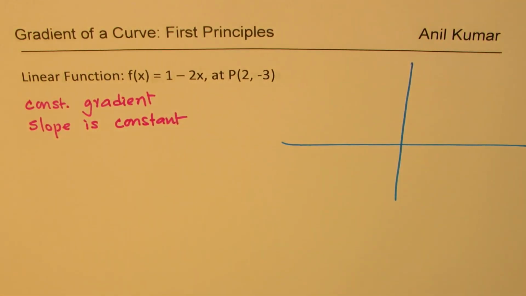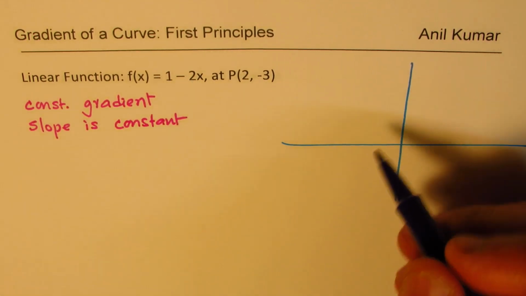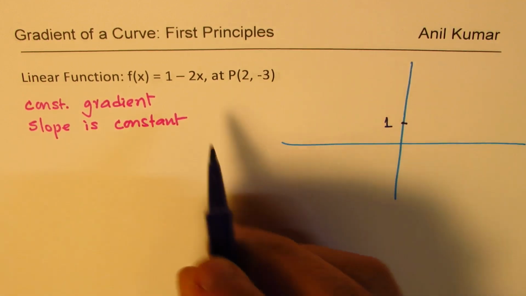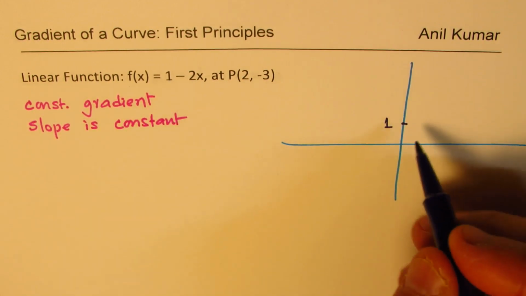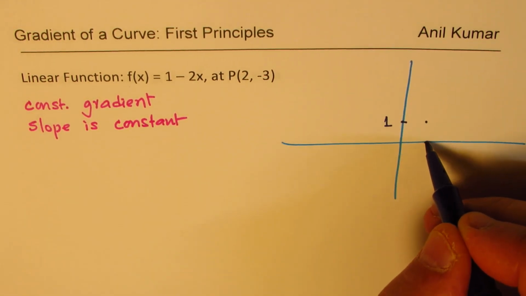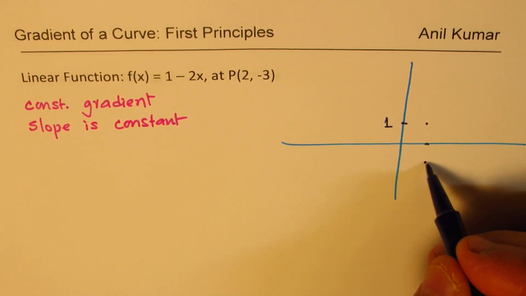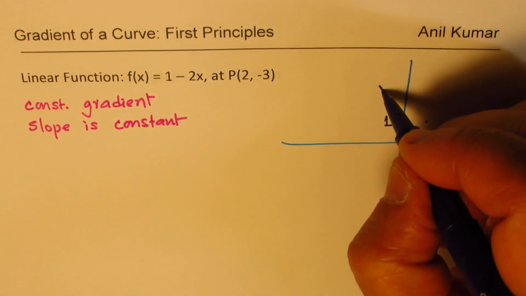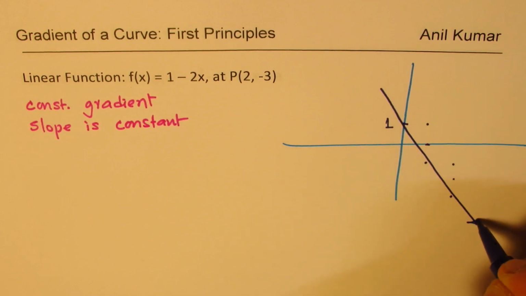It never changes, right? So if I have to sketch this line 1 minus 2x, it basically means that I have a point 1, which is the y-intercept. Slope is minus 2. So if I move 1 unit on this side, I have to go down 2 units, correct? So I get the next point. 1 unit this side, 2 units down, I get the third point. So what I get here is a line which is kind of like this, right?